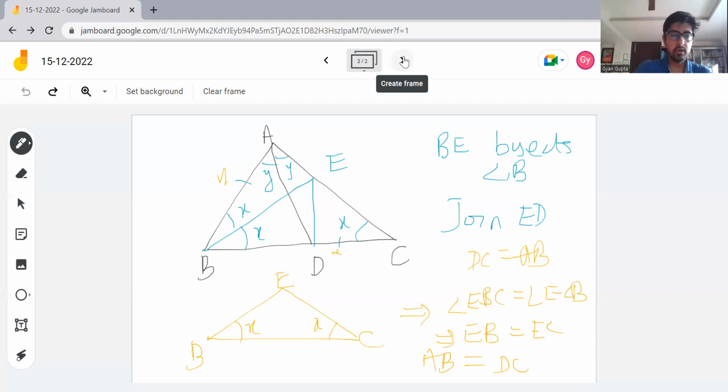Now, I want us to pay special attention to this triangle and this triangle. I want us to pay attention to triangle ABE and triangle DCE.